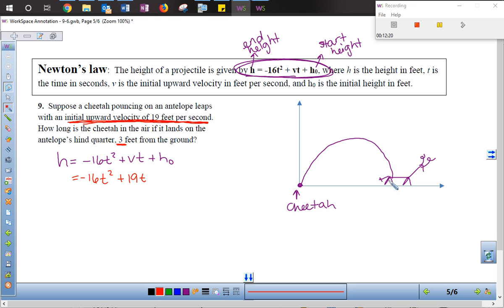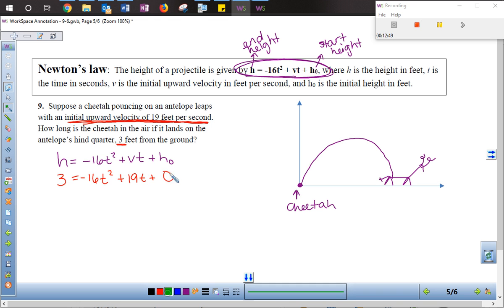So 3 feet he ended on, because that's where our picture ends, so that's going to go in here for h. Now I just have to figure out what goes in for his starting height. Where did the cheetah start before he leaped into the air? And the answer to that question is the cheetah started on the ground. So the height when he's on the ground is 0.